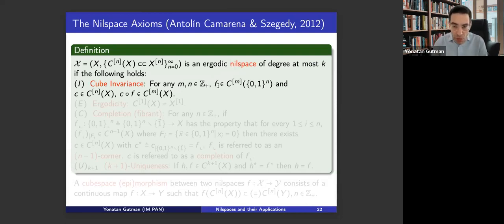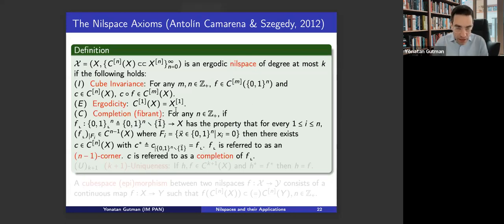First of all, if you have a cube and you compose it with a discrete cube morphism, then you get a cube. This is called cube invariance. Ergodicity is the fact that the 1-cubes are everything.